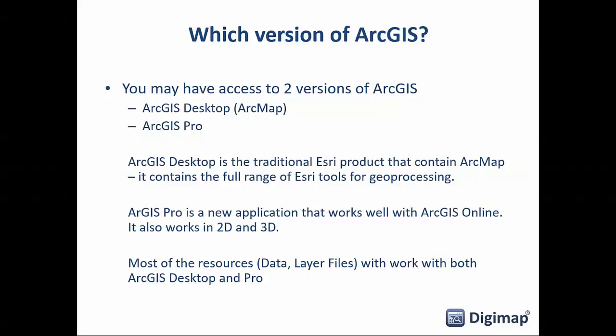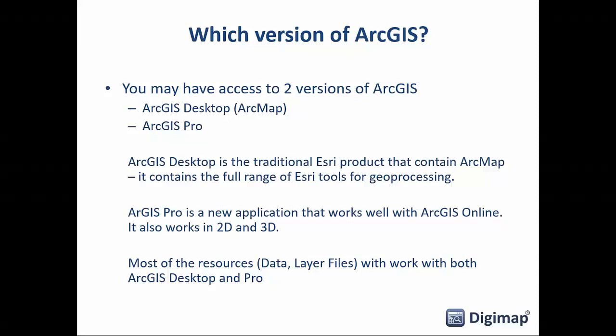I'm not sure quite how aware you are of what kind of Esri software there is now, but there's maybe two versions of ArcGIS that you can have access to. There's desktop, which is the traditional version. It might be called ArcMap, and includes ArcCatalog, ArcScene, and various other components. And then there's also a new product called ArcGIS Pro.